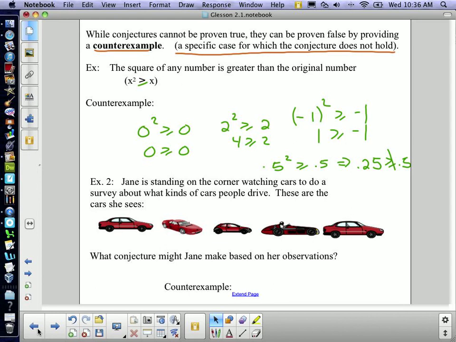If my conjecture is that every fish in Lake Koshkonong is a bluegill, let's say we make a conjecture like that, what would be a counterexample? And let me give you a couple choices. Would a good counterexample be a fish caught in Lake Waubesa, or a fish caught in Lake Koshkonong that's a carp?